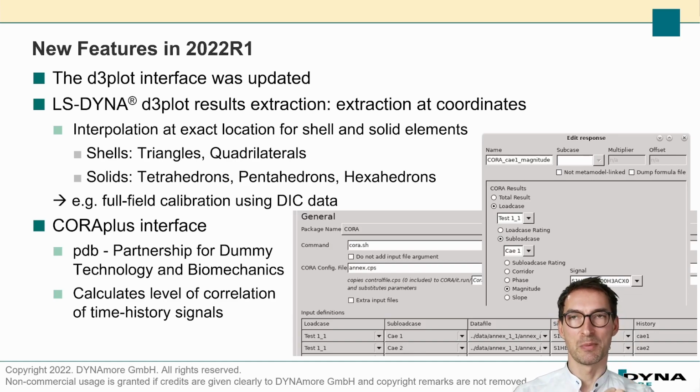But what happens if you have test data located not exactly at the nodal locations, but somewhere else? Then you need to interpolate. Before, it just used the closest one, but now they use interpolation to match exactly the location of your test data. That's a pretty good enhancement, I would say, and it is mainly used for full field calibration data.